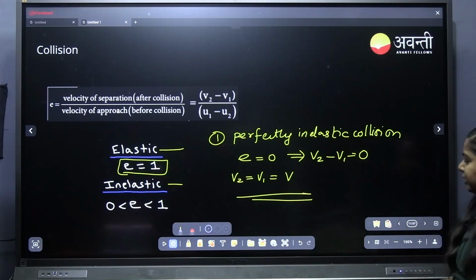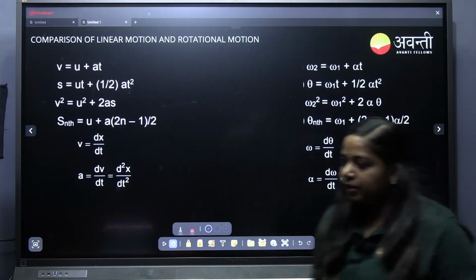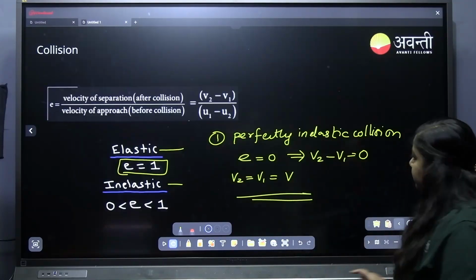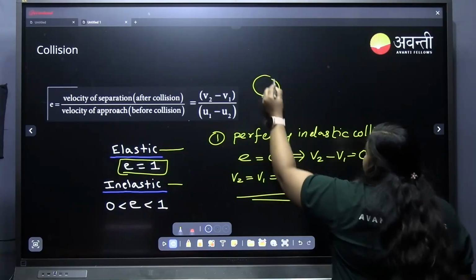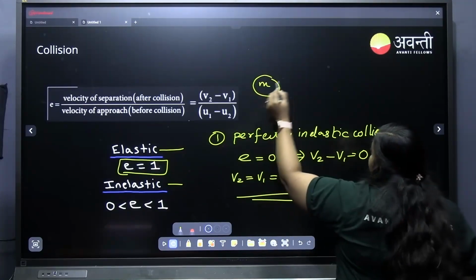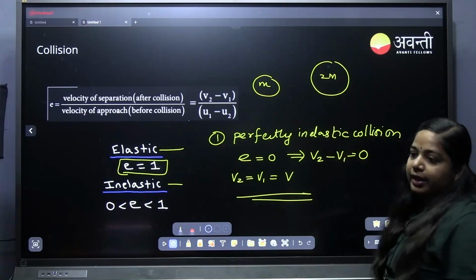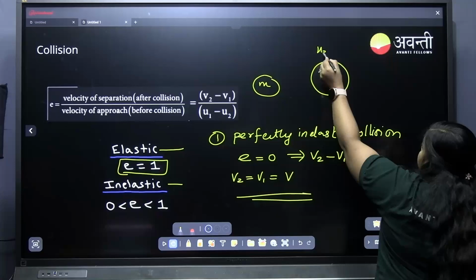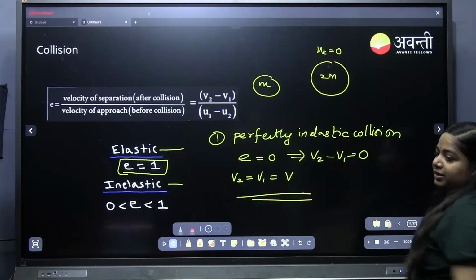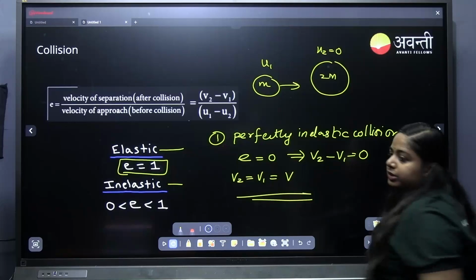Then we will move to the next topic. Can you take the example of the previous one? See, there are two bodies M and 2M. Initially u2 equal to 0, imagine, and M is moving with u1 velocity.